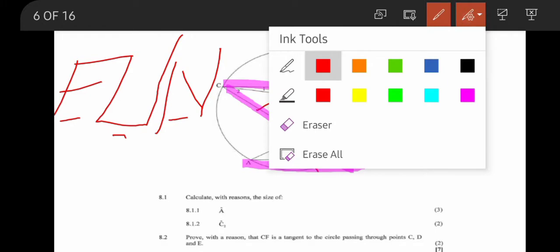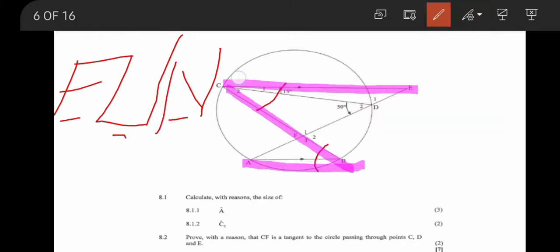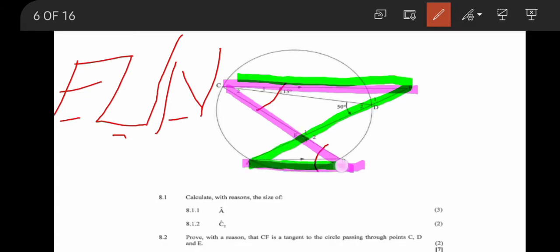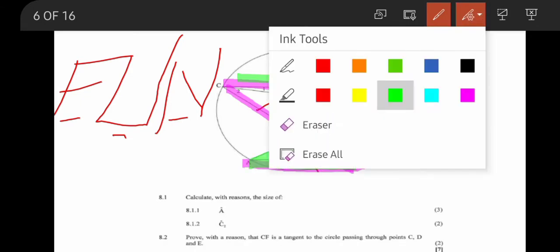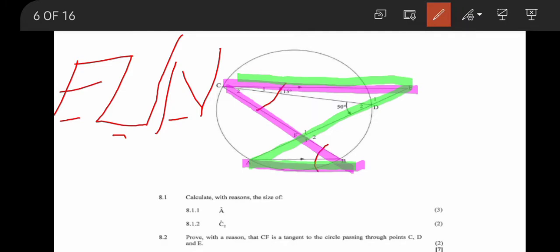Do we have another Z forming? If you check from this side here, we do have another Z forming. So that means the angle B as a whole will be equal to the angle E, and this angle E will be equal to angle A, again for alternate angles on the same pair of parallel lines, right?